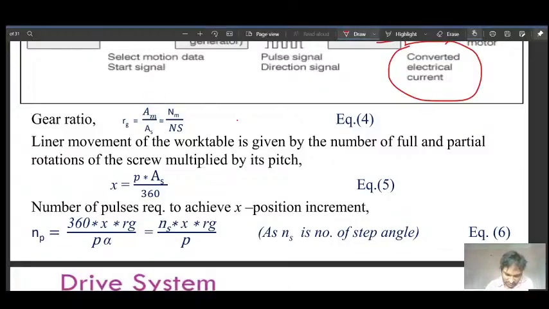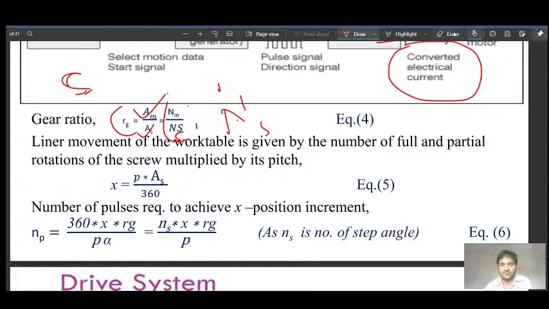Total angle rotated by the motor, Am, divided by the angle rotated by the lead screw, As. So that is the gear ratio, and in the other way, Nm, the RPM of the motor, divided by Ns. S should be a subscript, Nm divided by Ns.